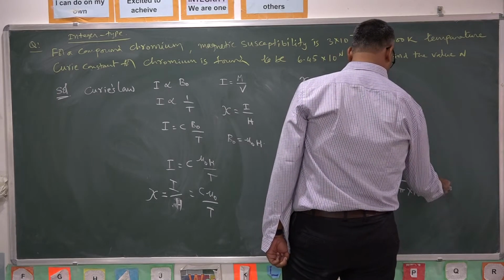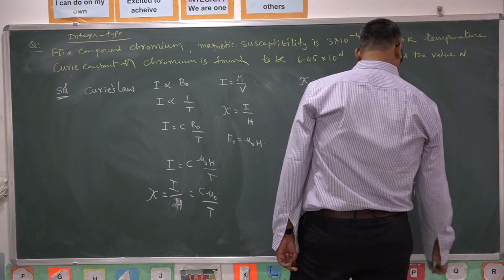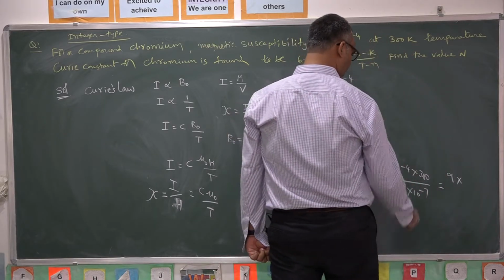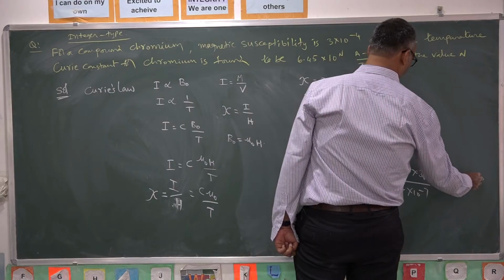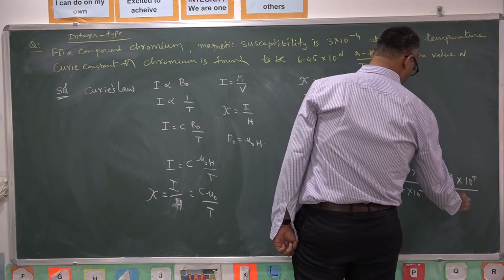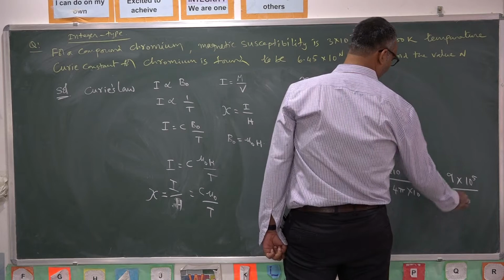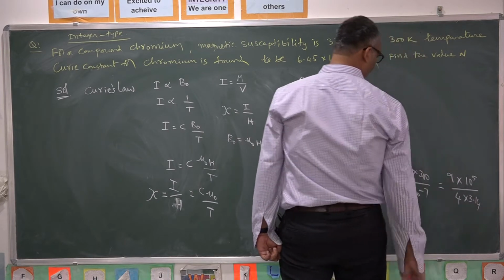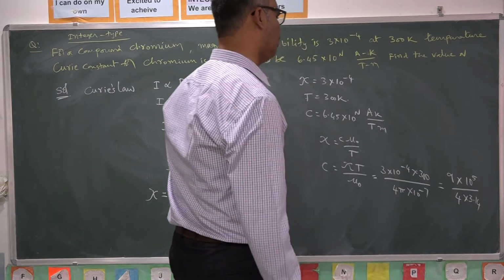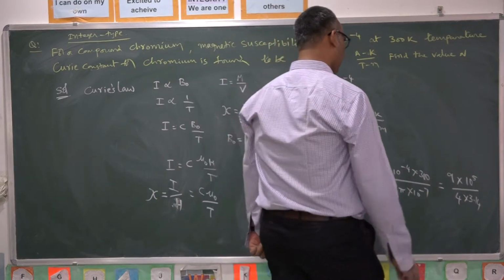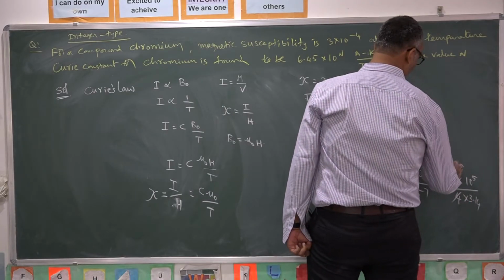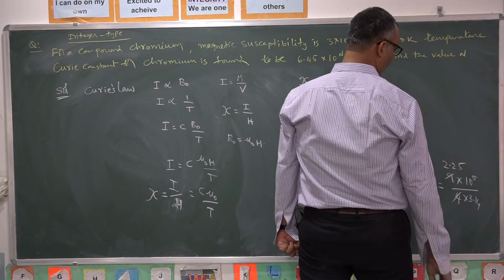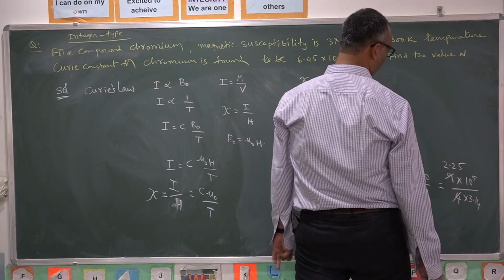If you simplify this, 9 into this will become 10 power plus 3 plus 2, 10 power 5 by 4 into 3.14. This 4 will go for 2.25 times.